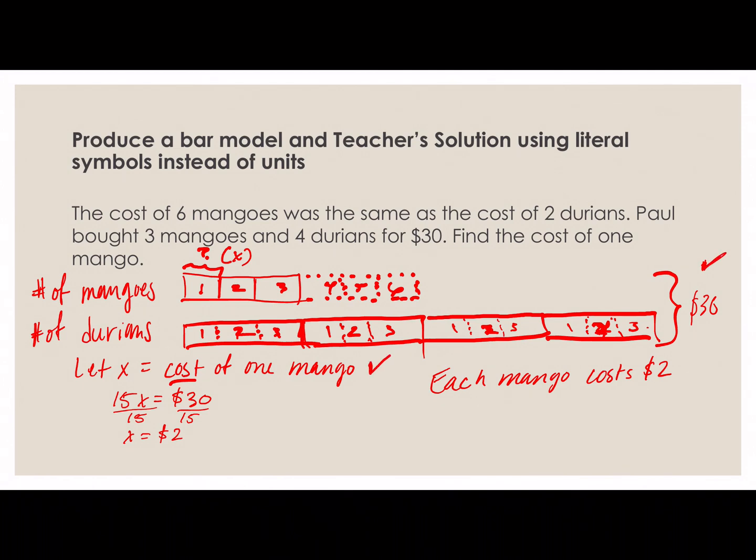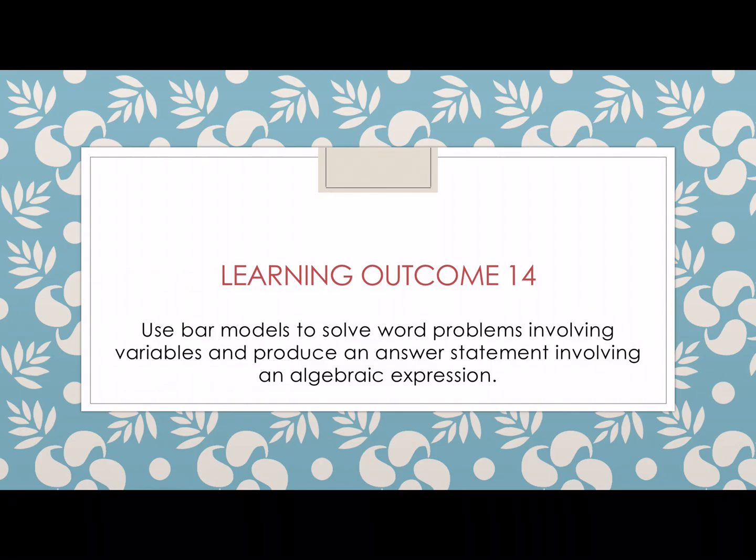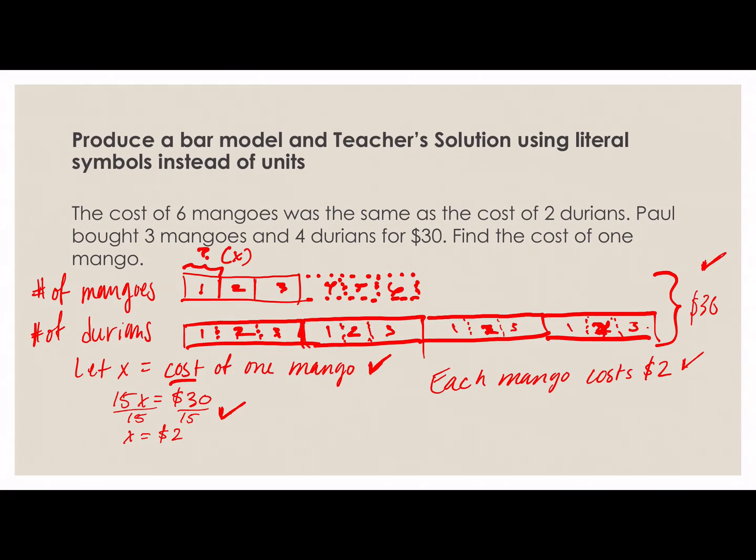My x is a variable associated with some aspect of my problem, my arithmetic, and my answer in a sentence. So 4 points there. Okay, that was all for Learning Outcome 13. And we'll go ahead and stop here, and we'll take a break for Learning Outcome 14.